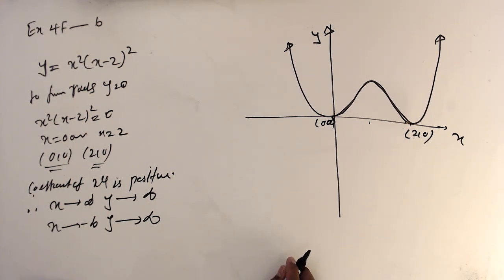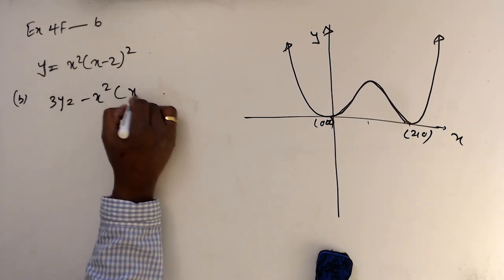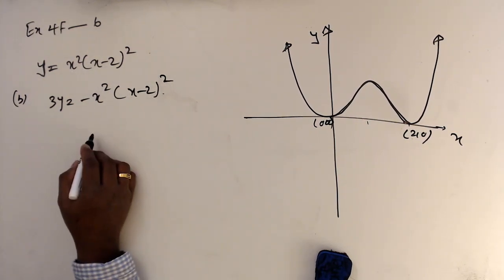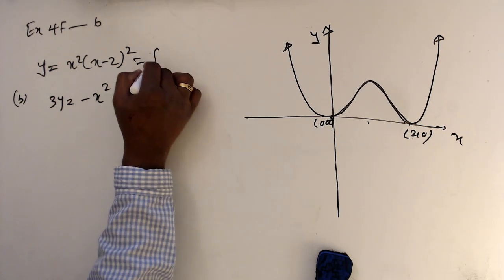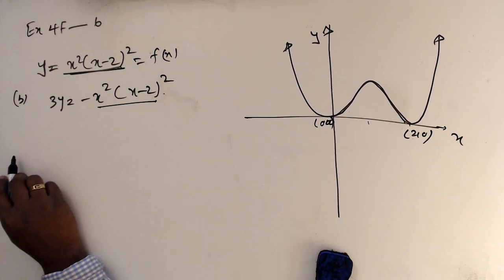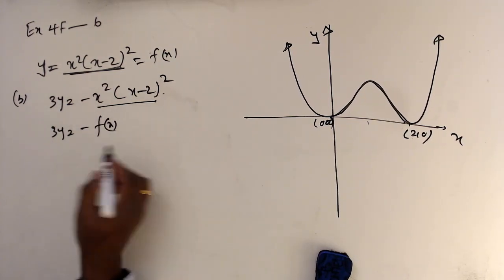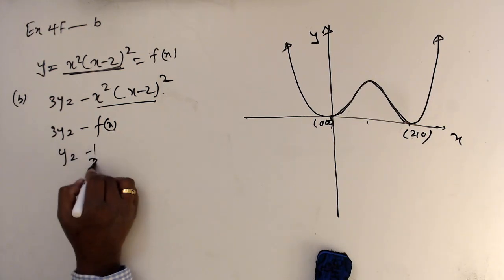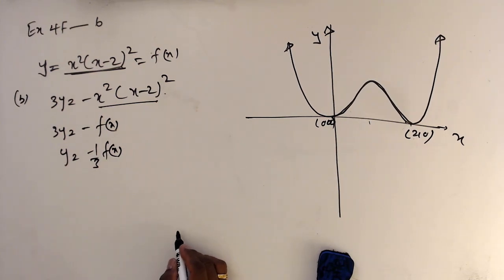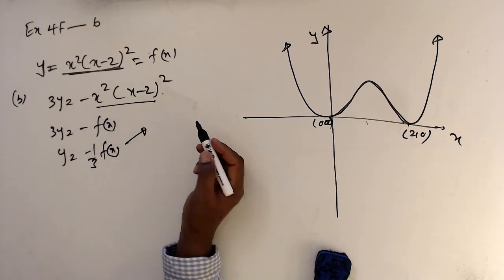Now part B. 3y equals minus x squared times (x minus 2) squared. If I take this as f(x), then 3y equals minus f(x), so y equals minus 1 over 3 f(x). Now we have two routes actually.